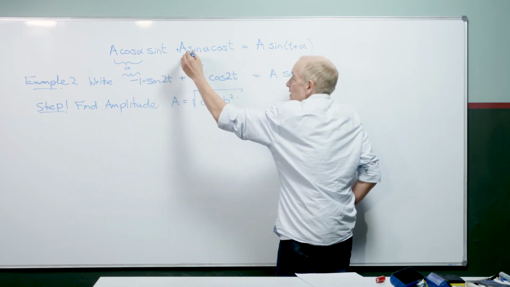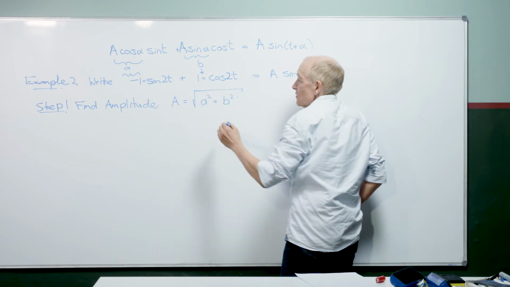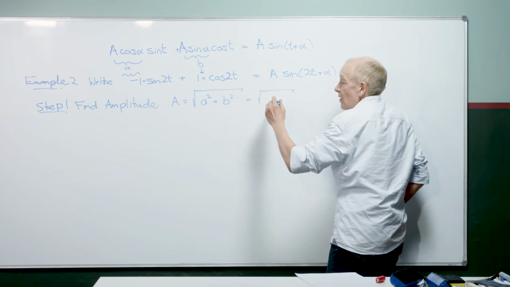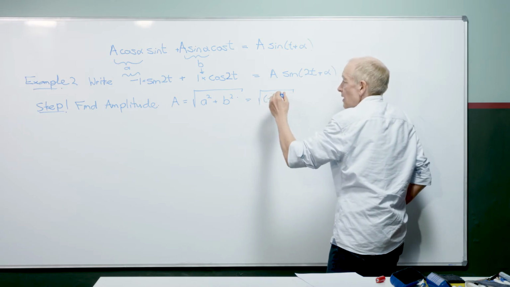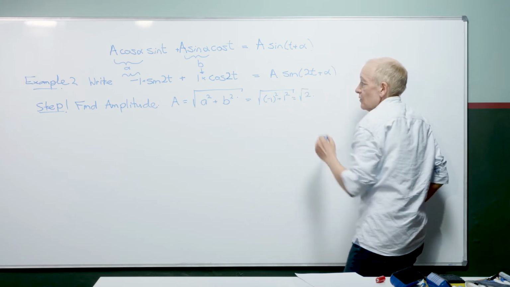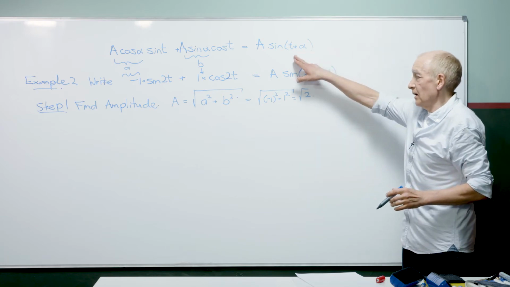Our b here is the thing in front of the cos, which in this case is 1. So our A is equal to the square root of minus 1 squared plus 1 squared, which is equal to the square root of 2. So we've found the amplitude of our new combined function.